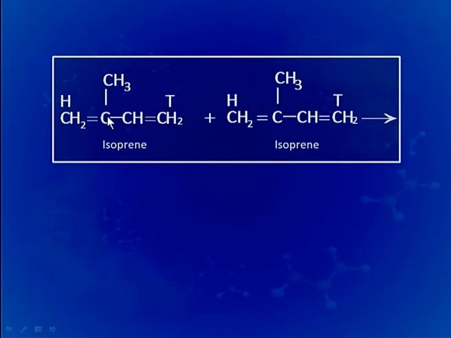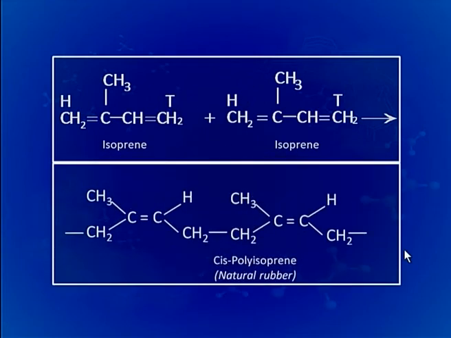We can see here at the 2 position there is a methyl substituent. This side is known as the head and this side is known as the tail. So, we can see how the tail is attached to the head, and in the same way this addition will continue and finally we will get the cis form of polyisoprene.